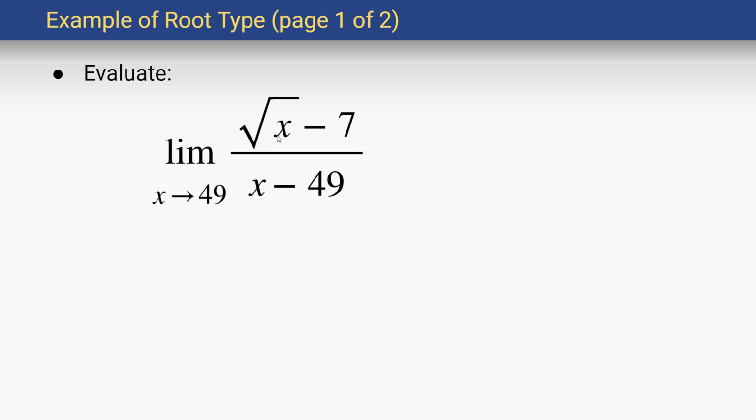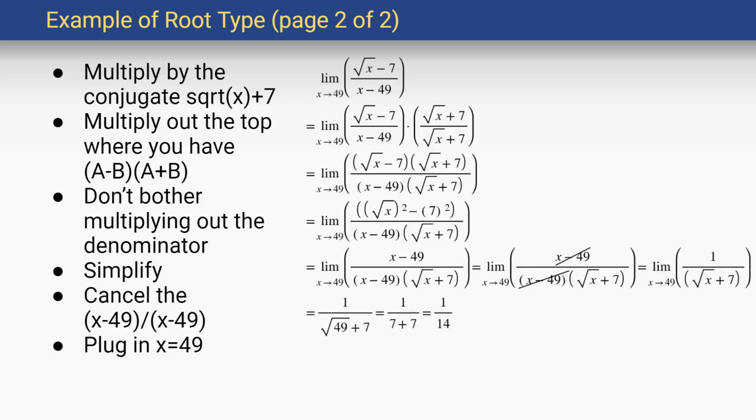The numerator is square root 49, which is 7. 7 minus 7 is 0, so the top is 0 again. So just like before, you're going to end up with 0 over 0 when you try to do this one. So that's what makes it root type and maybe removable. Let's find out.